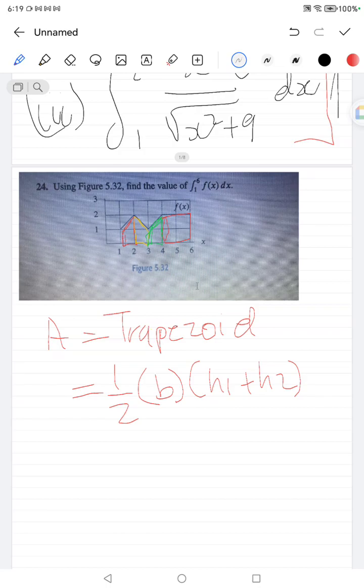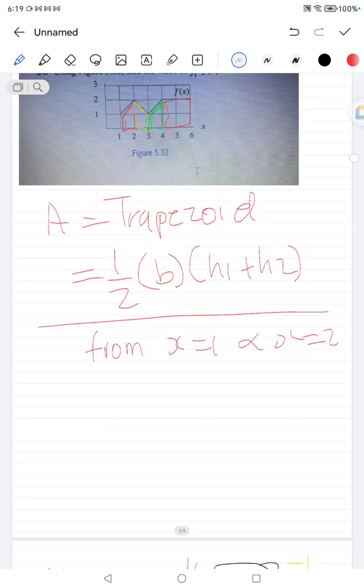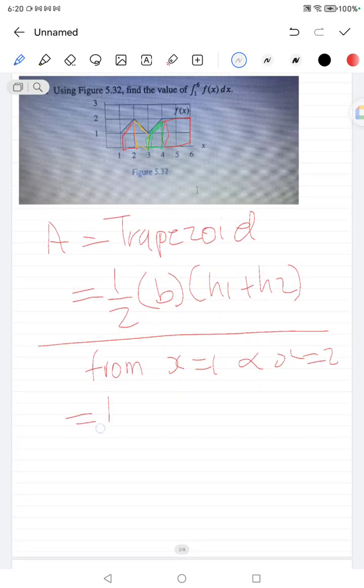Then you say you are going from x1 to x2, from x equals 1 to x equals 2. You're going to have your half into the wide of your block, from this side to this side, which is 1. Then you have your 1 into your h1 plus your h2.